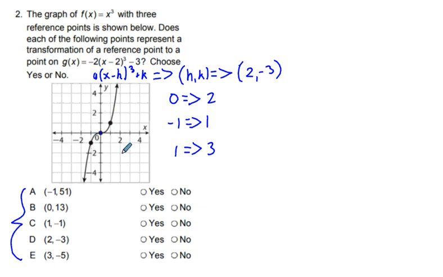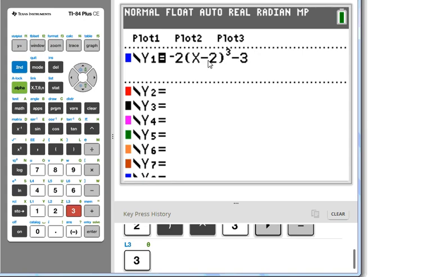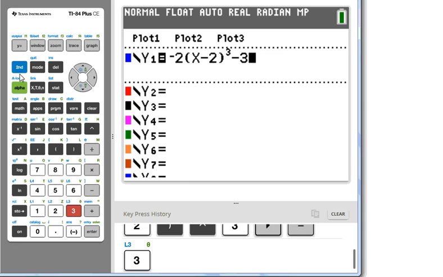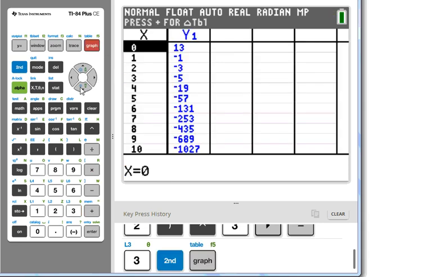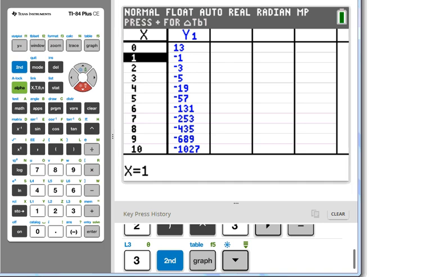Now, one way to do this, when you have a graphing calculator in hand, is in your function editor, just enter this function, and then if we go to our table view, we will have 1 comma negative 1, 2 comma negative 3, and 3 comma negative 5.